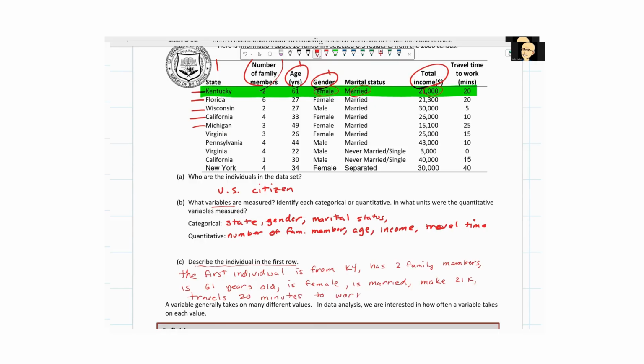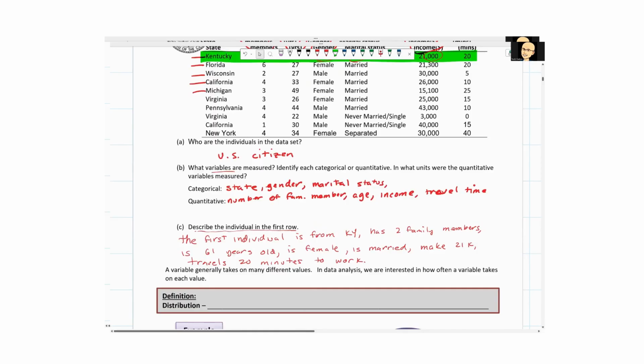Okay. Now, could I write that up a little bit fancier? Sure. But for the purposes of this, that's good enough. We got all of those ideas across.